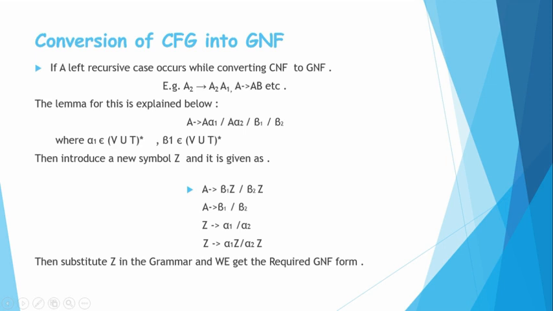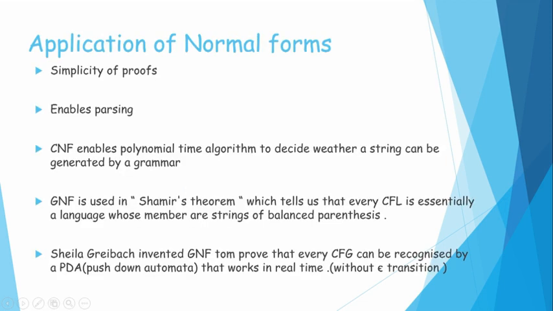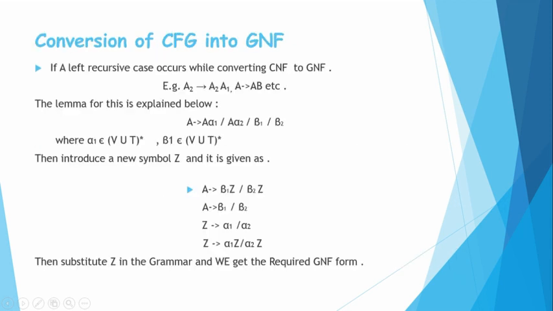One more example: A deriving AB, where here also A and here also A, so both are equal, so a lemma condition is to be applied over here.